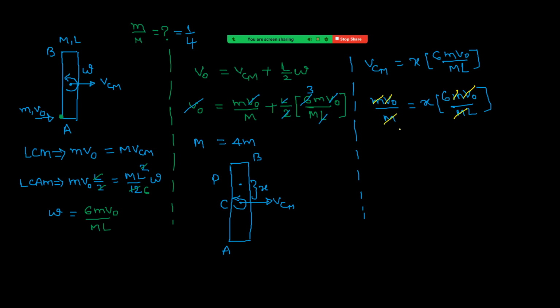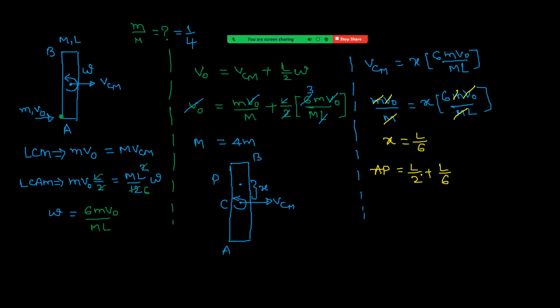M gets cancelled. x equal to L upon 6. This is now distance from center, but we have to calculate from A. That means AP value. It is AP value L by 2 plus L by 6. That is our answer, right?